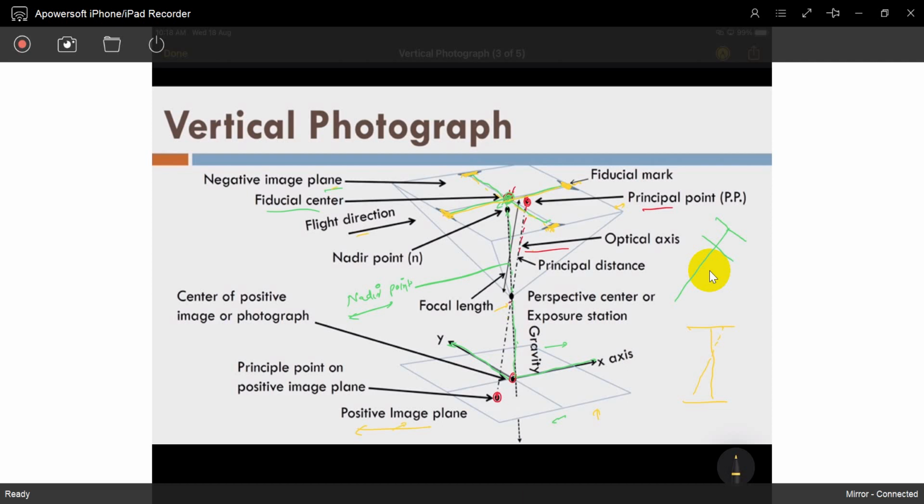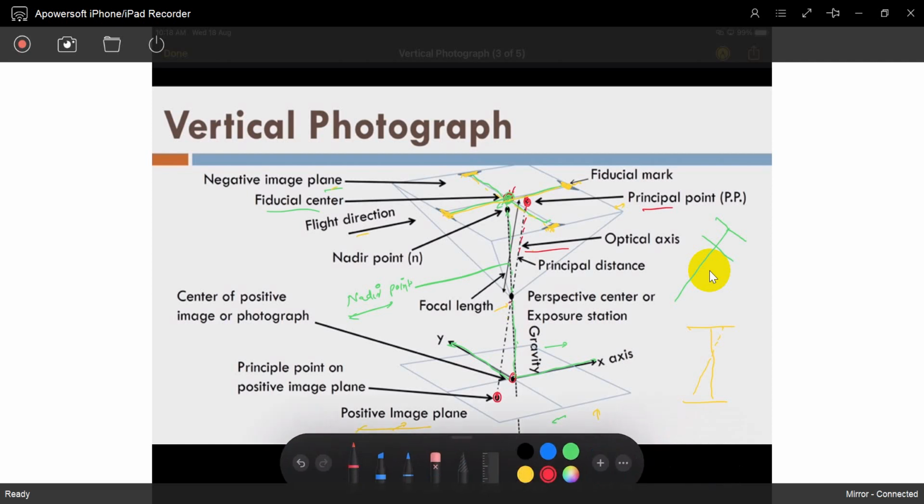And the next thing, as I said, is that our optical axis is not matching center to center, because a small tilt will happen. See, this is the image, this is the point. A small tilt will happen, and this coinciding point is called the principal point, PP. If the line coincides exactly, it is called the nadir point or nadir line, the gravity line.